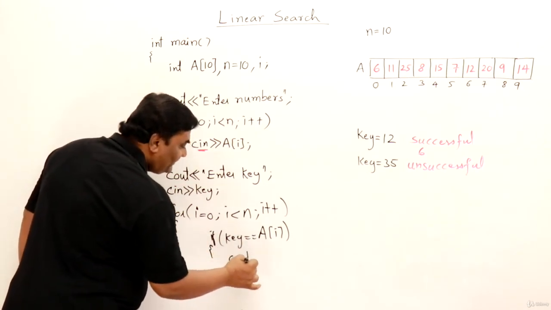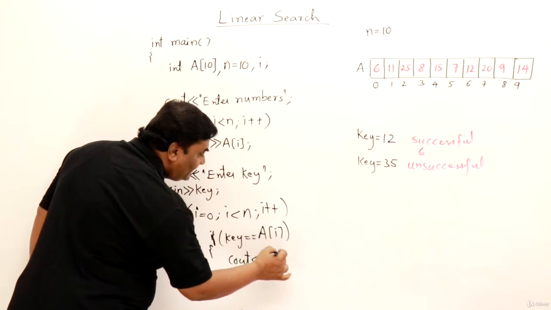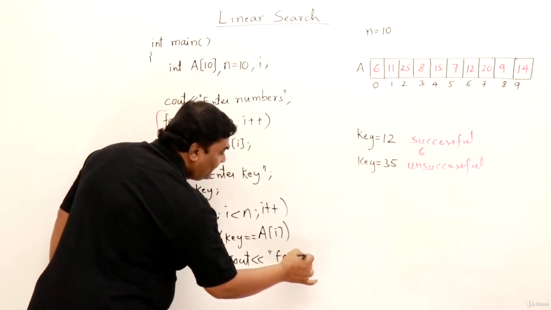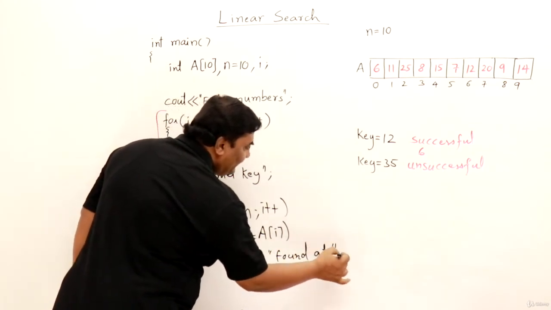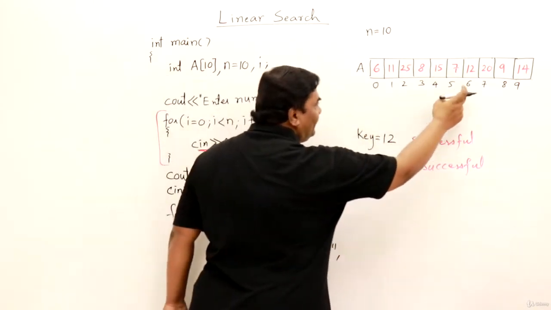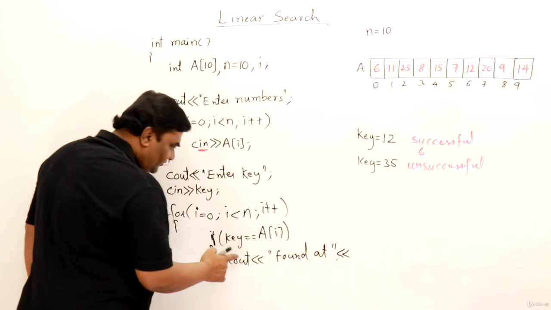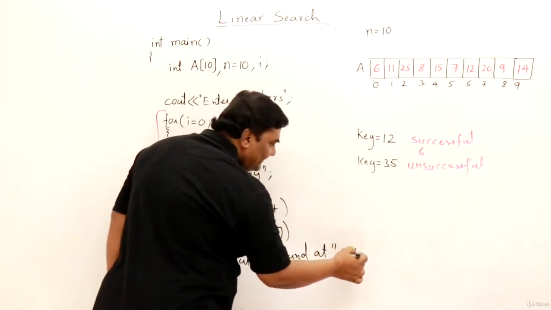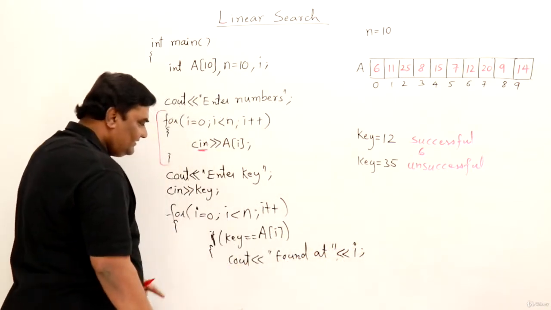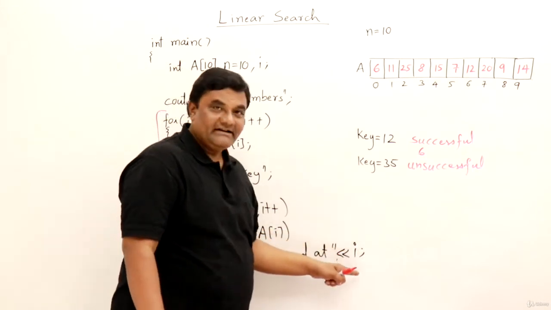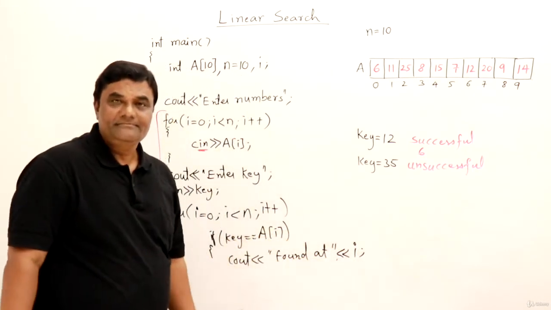So cout, give a message, found. Found at, what is the index? If it is found at 6, then 6 is the index, so here I should display 6. That is nothing but i. So found at index 6 if the key is 12.